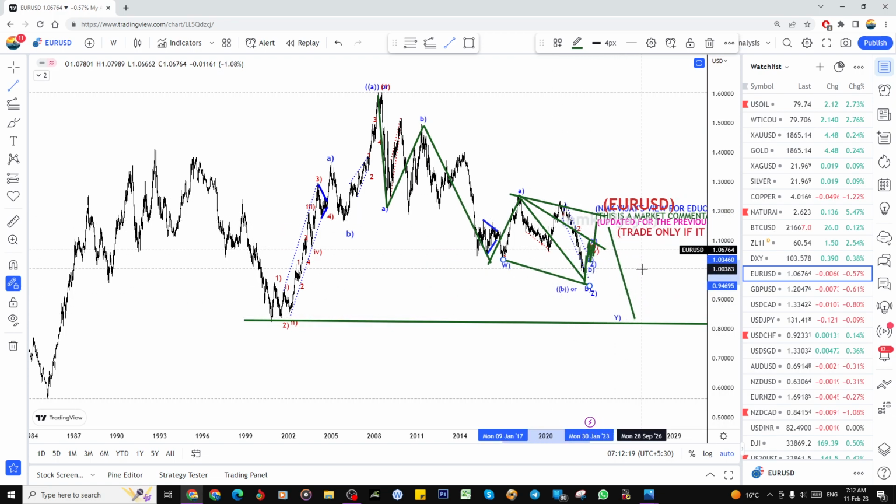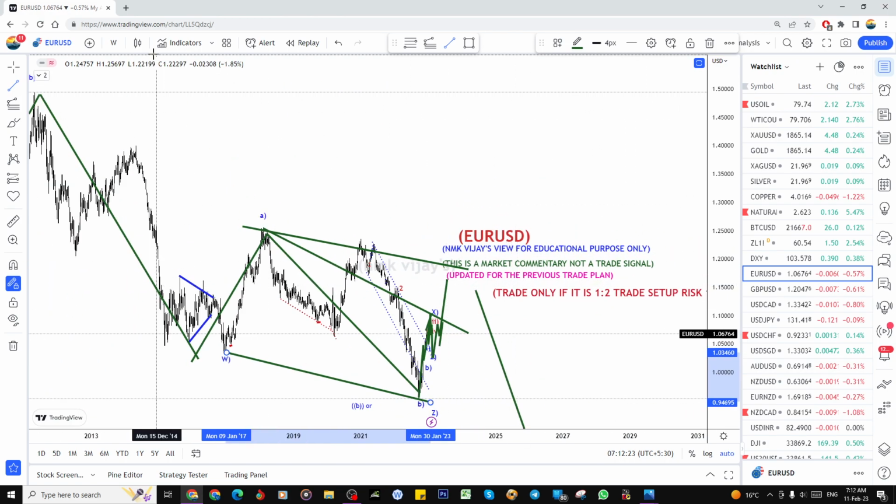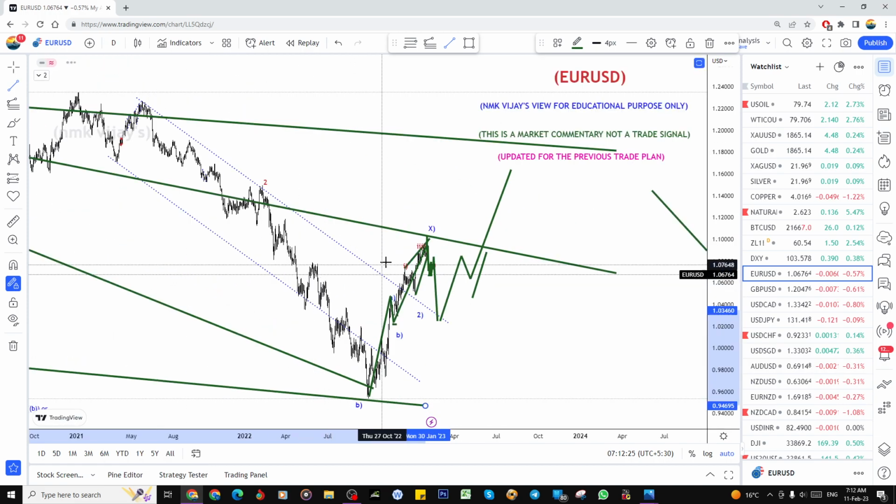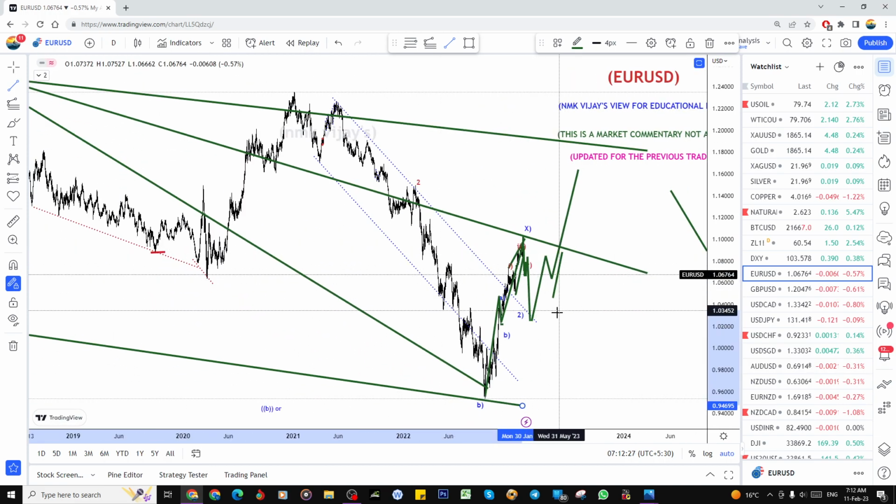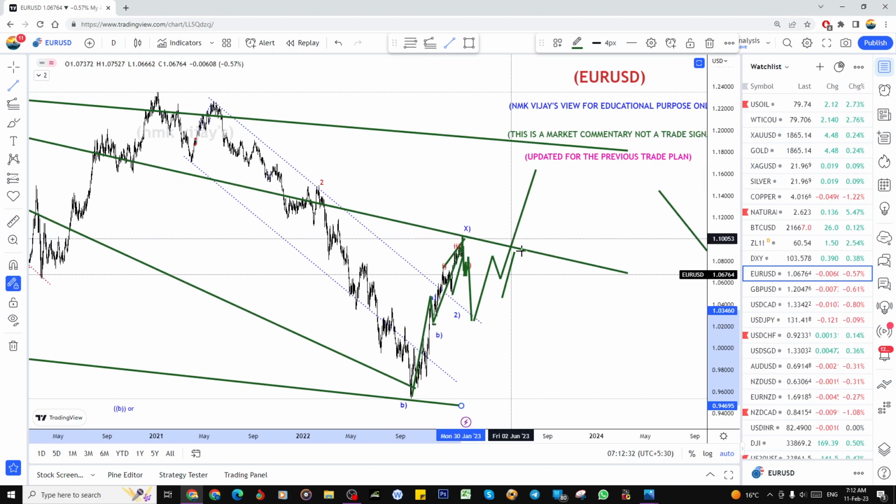Another 3-wave structure I am expecting here, but this is also the weekly time frame. So as of now, in the shorter time frame I'm looking for a little bit of correction, and one more high is also possible, but let's wait for this to complete the correction.